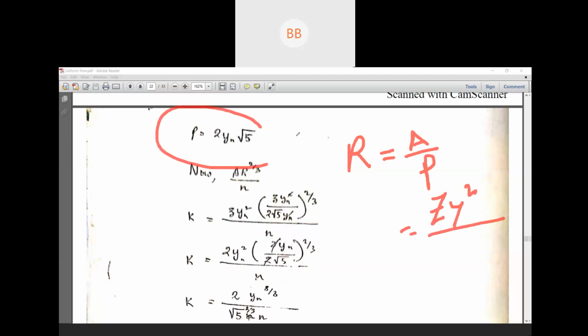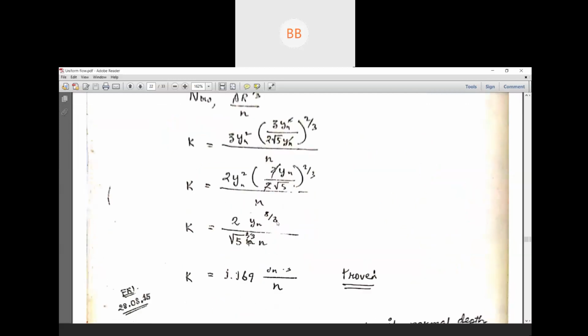Wetted perimeter is nothing but this, 2y root 5. In place of z you can directly write 2, so 2y square, and this 2 will be cancelled out. Now do the simplification and see whether you are getting this expression or not.